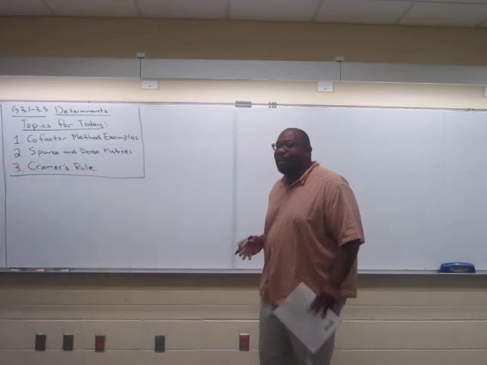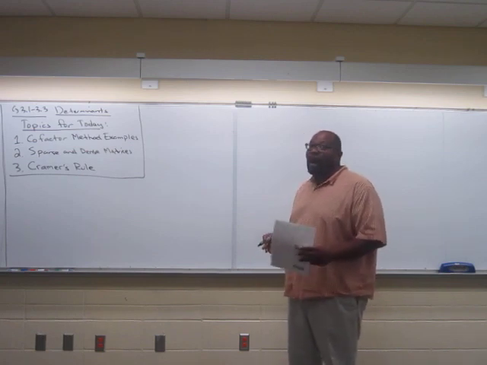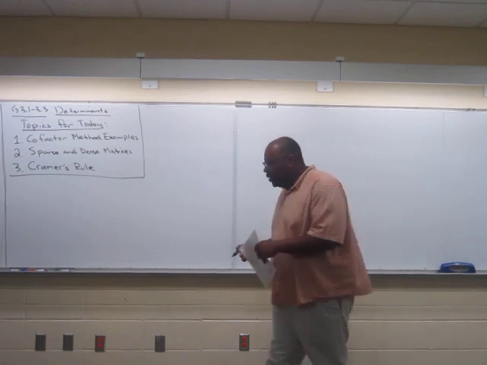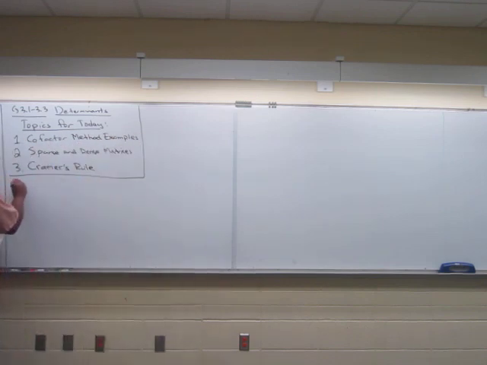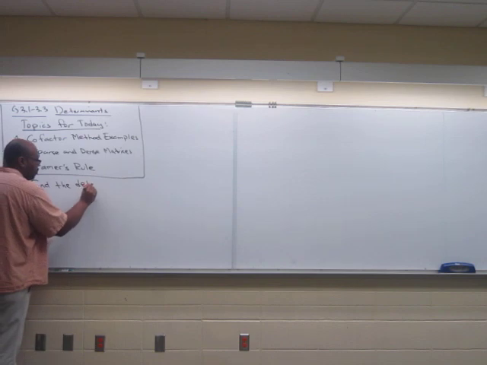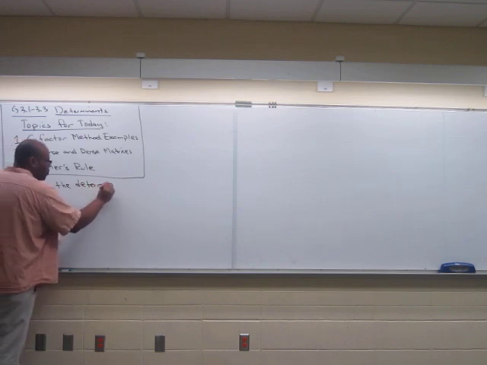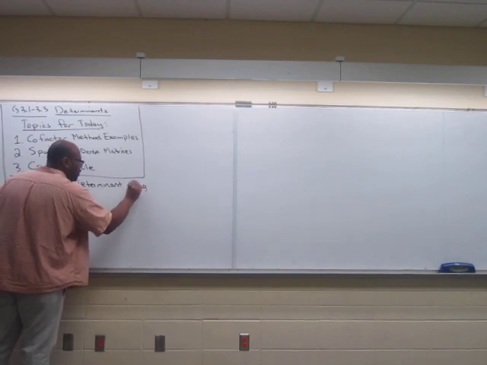Now, just kind of give us an idea, right, of what we want to do. Let's remind ourselves about the cofactor method by doing a couple examples. And here I want to find the determinant using the cofactor method.